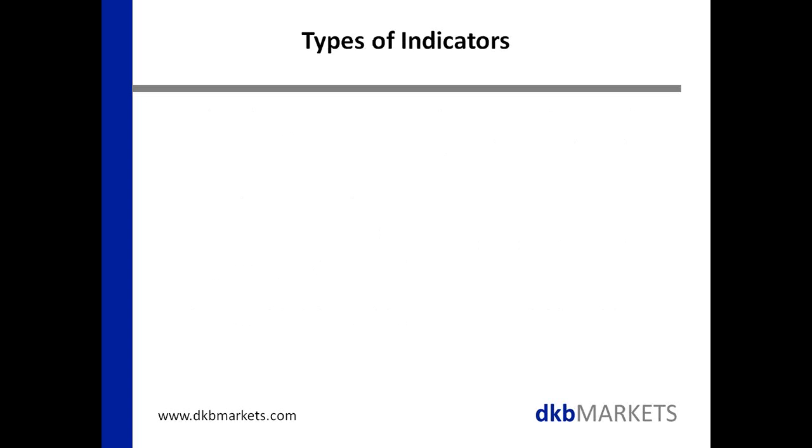Now, there are different types of indicators, and I always add this to my presentation when I discuss trading with traders. If you speak to 1 million traders, you will get 1 million different ways to trade, 1 million strategies, 1 million different ways to use indicators, and so many indicators.